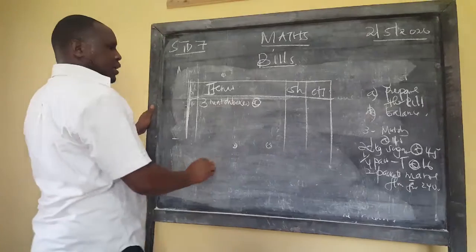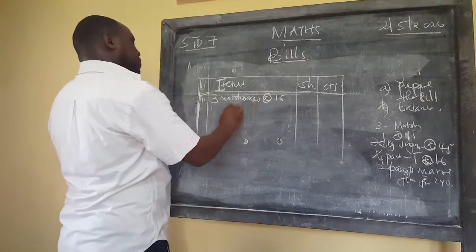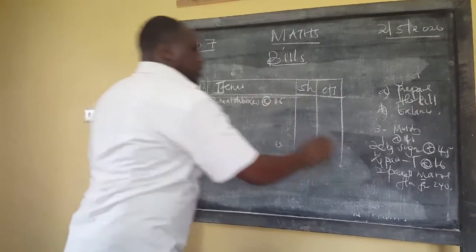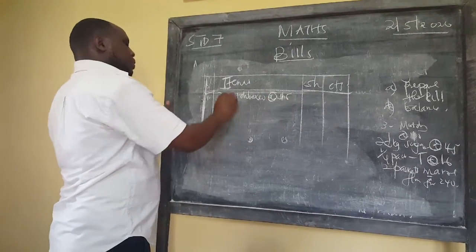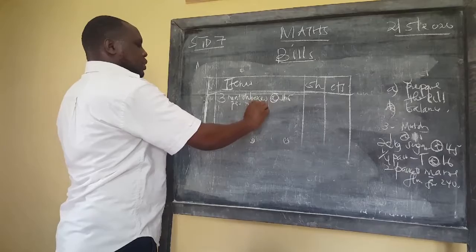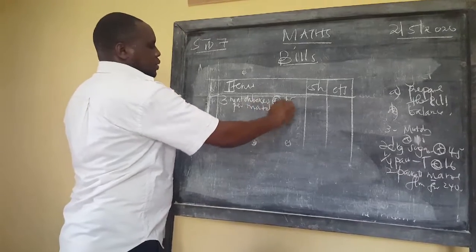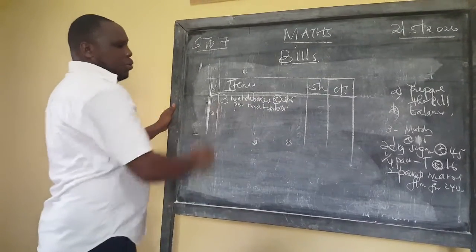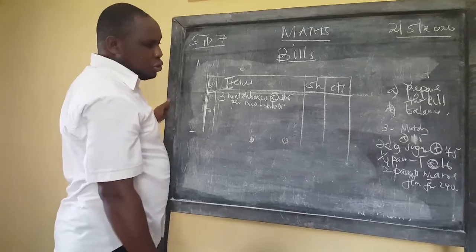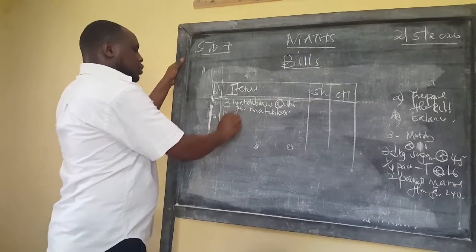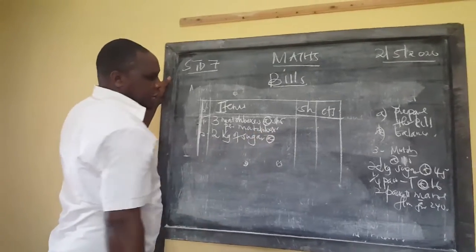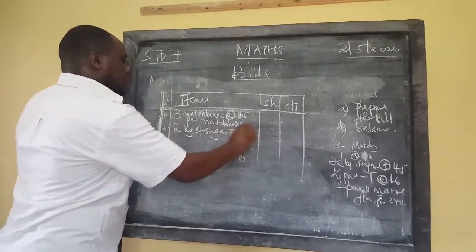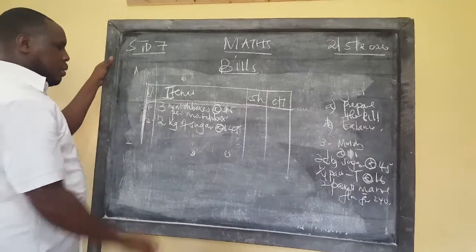At, not even 15, it was supposed to be 5 shillings per matchbox. Then number 2, we have 2 kgs of sugar at, or each, 45 shillings per kg.